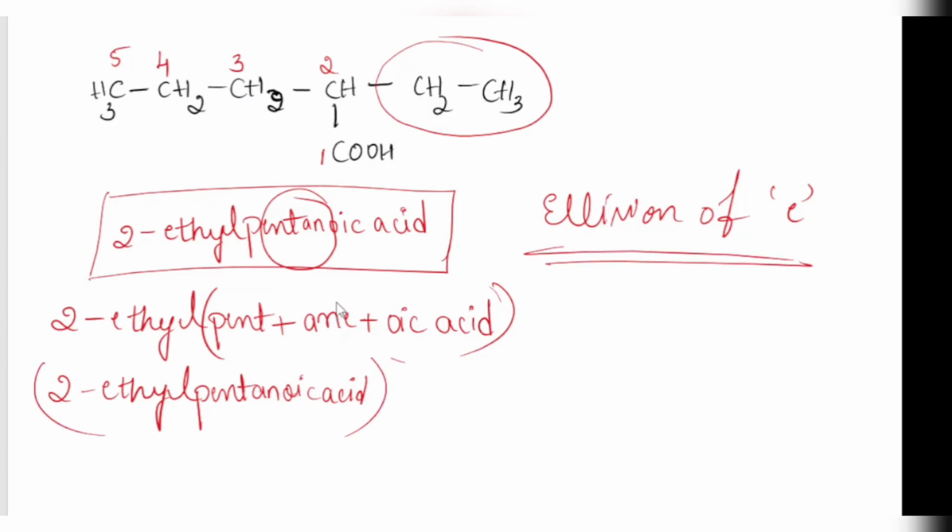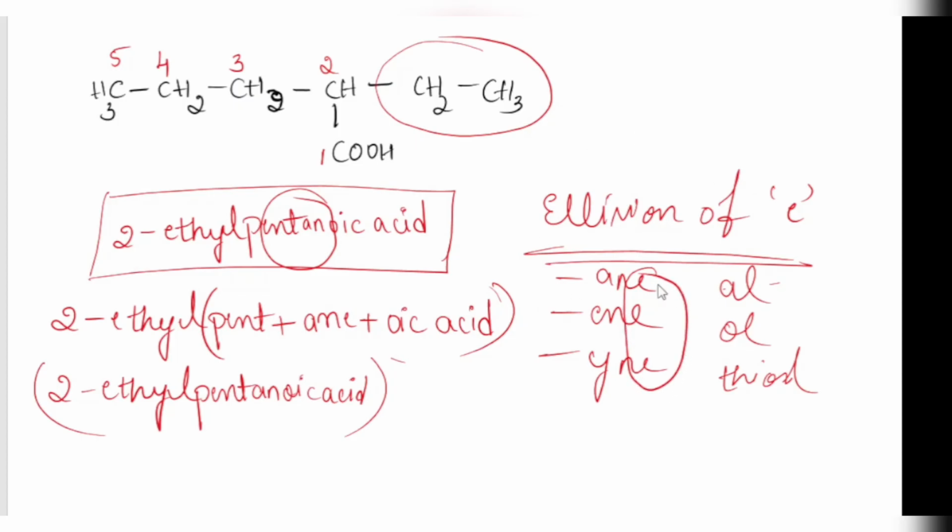Wherever ene, yne or ane is the primary suffix, before adding the secondary suffix, suppose alcohol, sorry, this is aldehyde, alcohol or thiol, whatever the secondary suffix is, before adding it we have to eliminate this e. This rule is called elision of e. This rule we have to remember. By this we can name this particular compound as 2-ethylpentanoic acid.